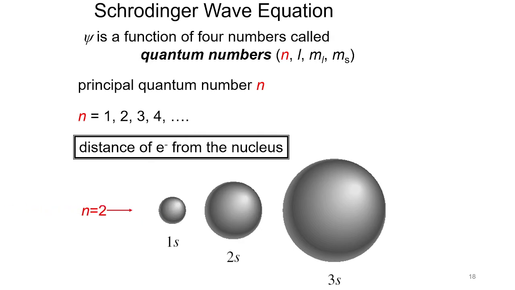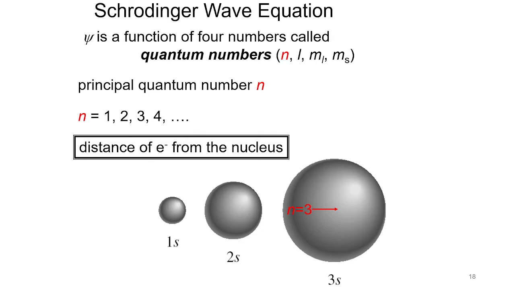For 2s, we have here the volume mostly occupied by electrons in the second energy level. And for the third energy level, we have here the 3s. So in that, we also have n equal to 1, n equal to 2, and n equal to 3.